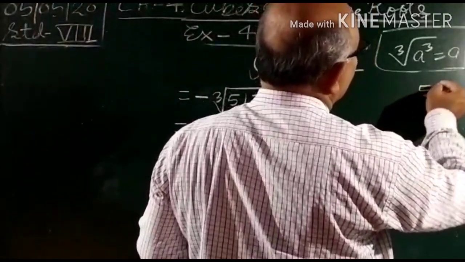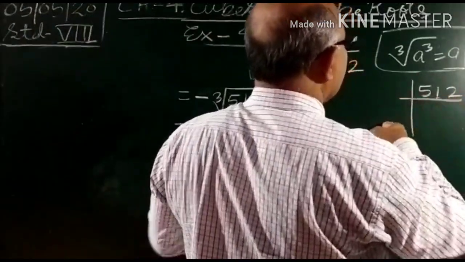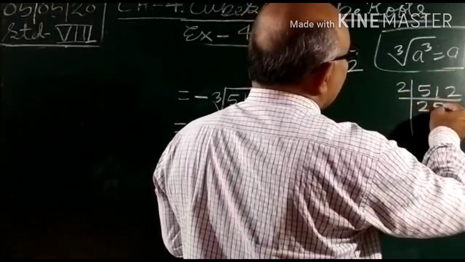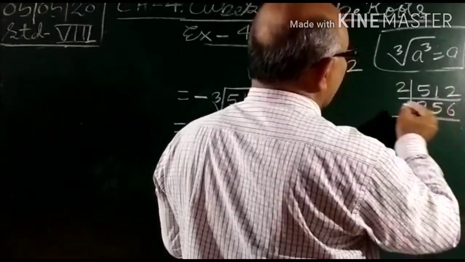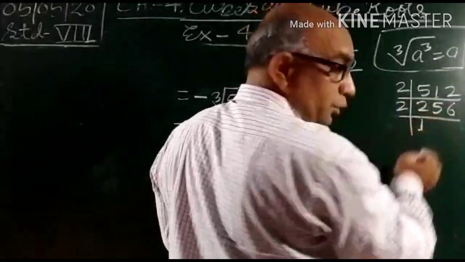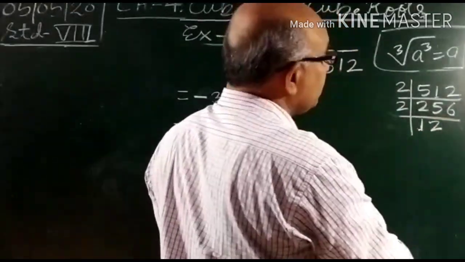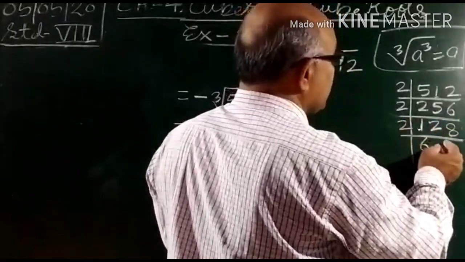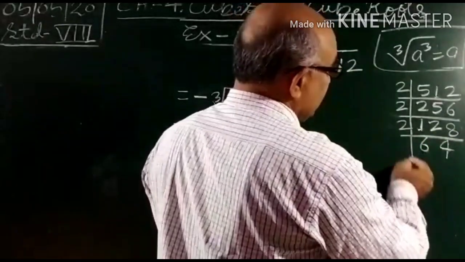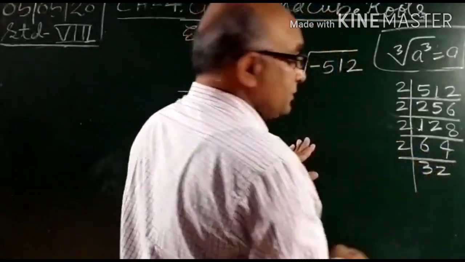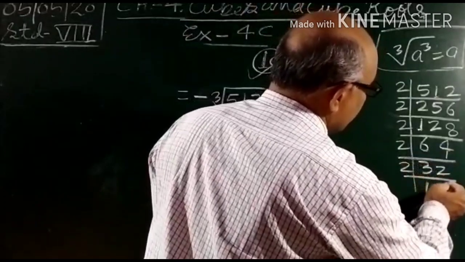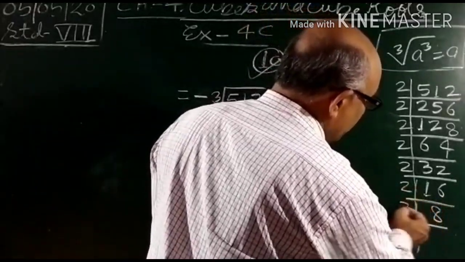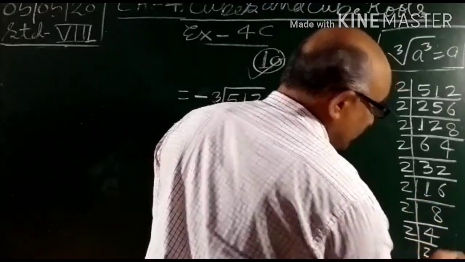Now write the prime factors. Find the prime factors of 512. So 512, 2 times 256, then 2 times 128, 2 times 64, now 2 times 32, 2 times 16, 2 times 8, 2 times 4, and 2 times 2 is 4.